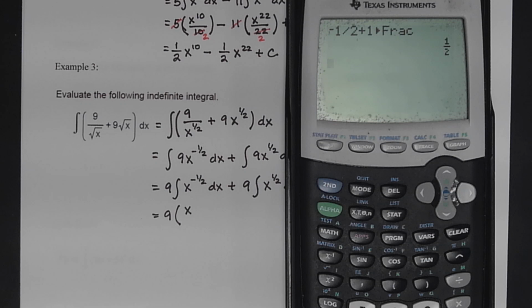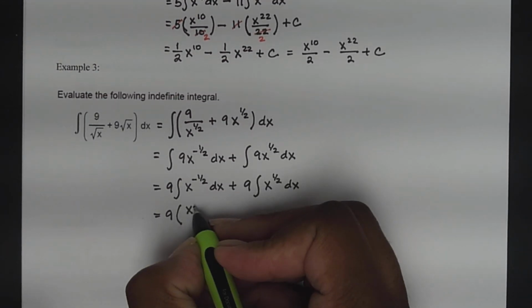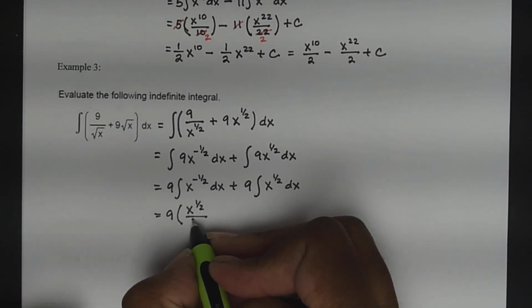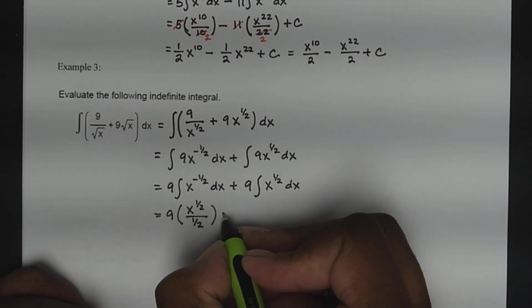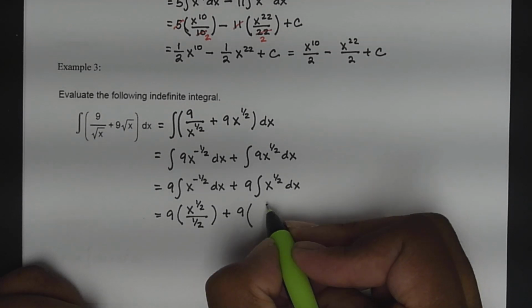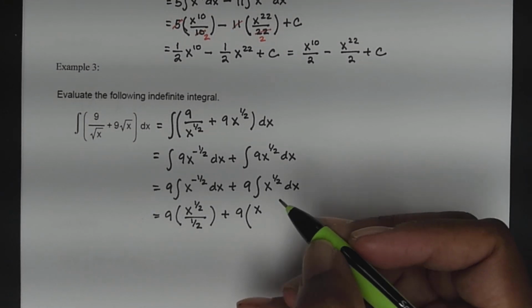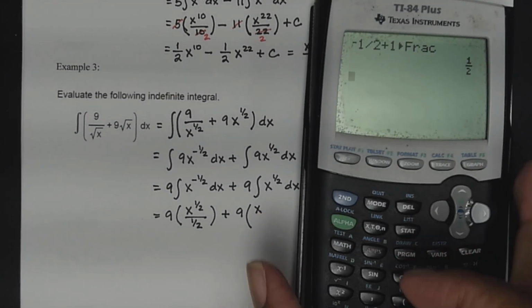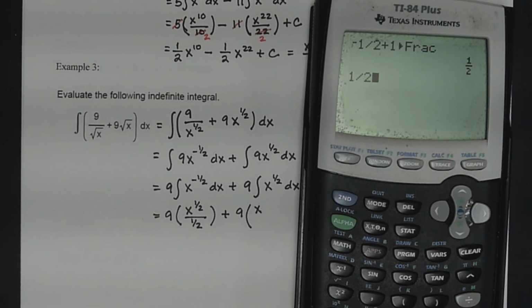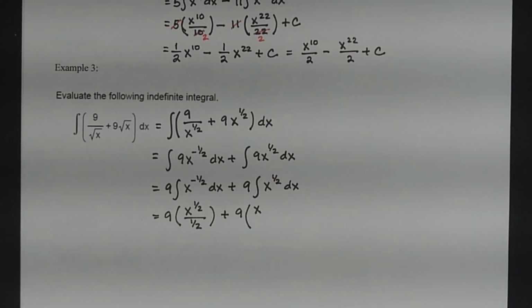That will give you the new exponent of 1/2. And that's going to be divided by 1/2, which is your new exponent, plus 9 times. For the integral of x to the 1/2 dx, I increase the power by 1 on this one as well. So I have 1 divided by 2 for 1/2 plus 1. Then hit the math key and number 1 for fraction. That would be x to the 3/2 power.